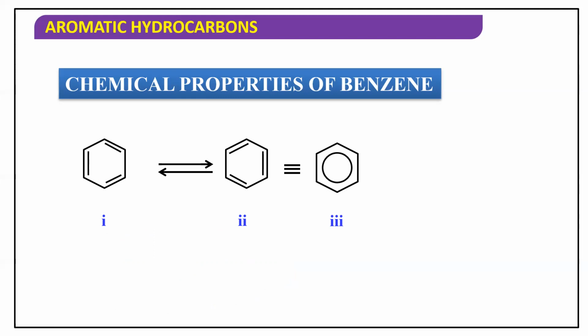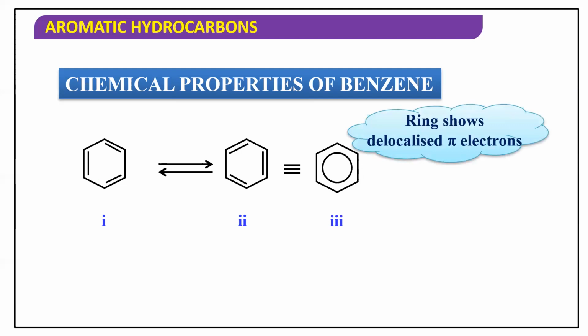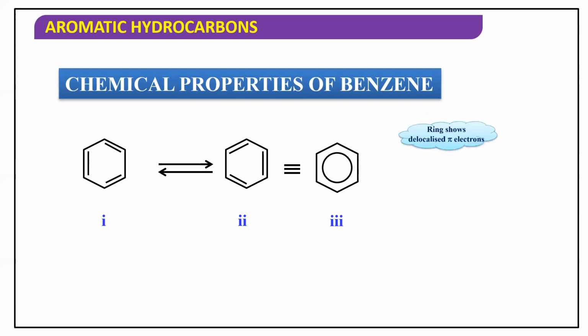The significance is that the pi electrons are not fixed. Their positions are not fixed. Instead, they keep moving around inside all the carbon atoms. Got that? So this is how we write the structure of benzene. The ring shows delocalized pi electrons.